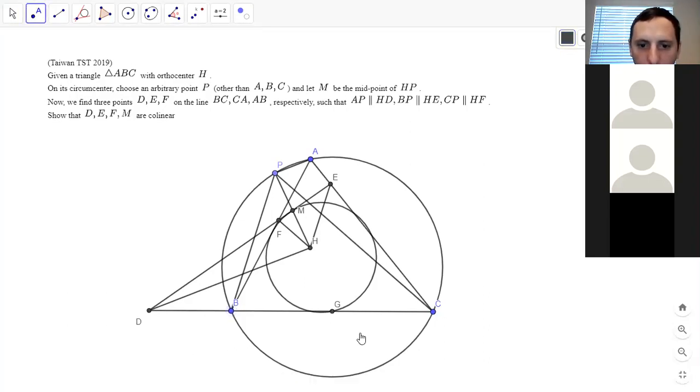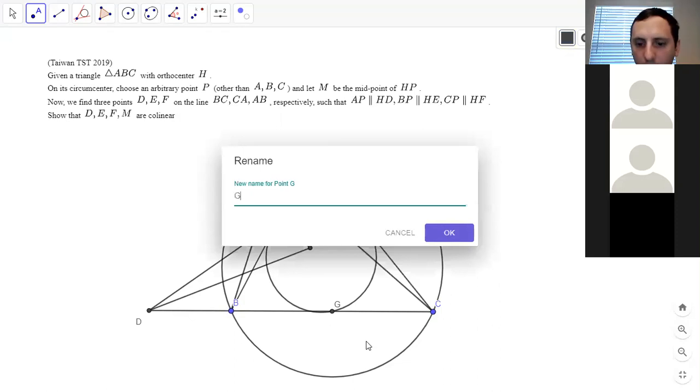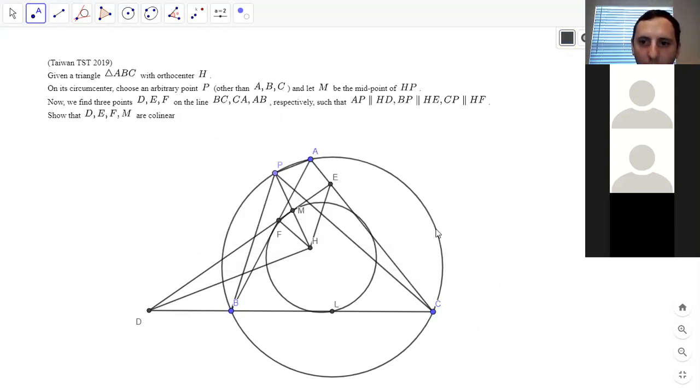So I'll call this I. Or are you okay if I call it OL? Do you see a proof of that, or is that something that you observed just by playing around?